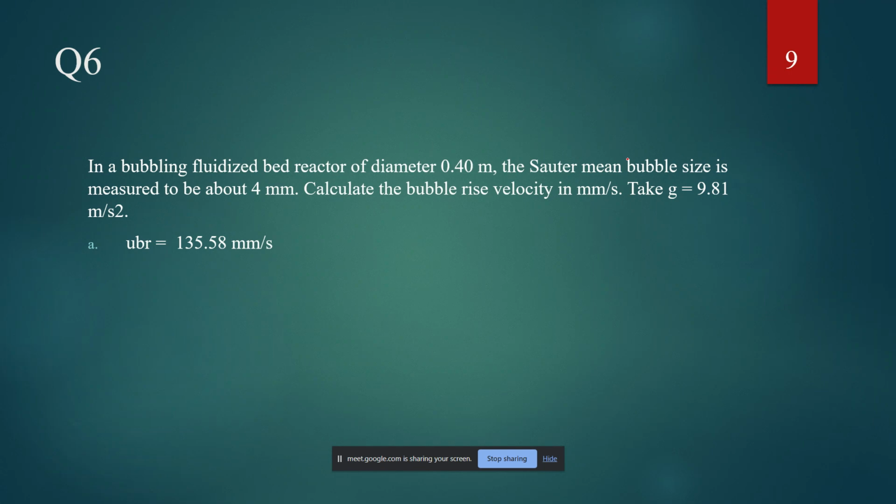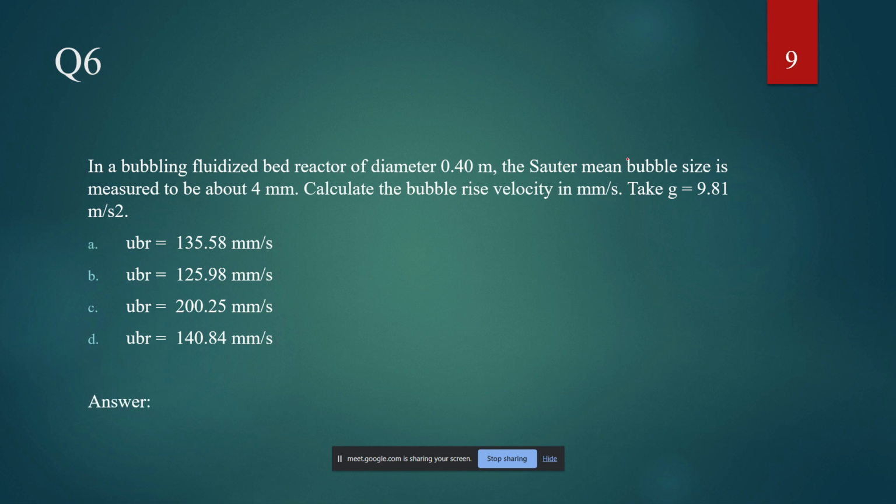UBR is option A, 135.58 mm per second, option B, 125.98 mm per second, option C, 200.25 mm per second, or option D, 140.84 mm per second. So we'll calculate this. If you want, just take a minute and try solving it. We'll solve it in a minute.